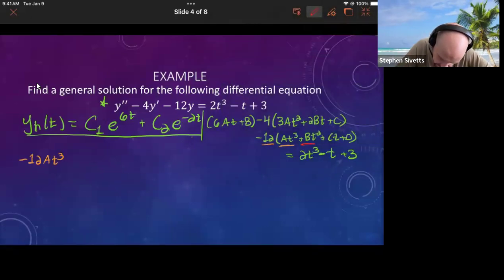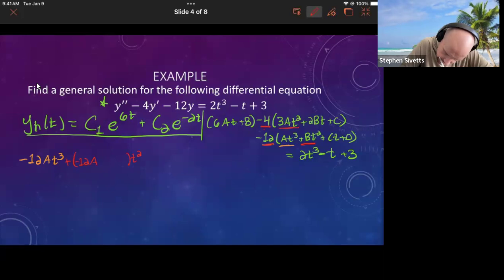So we'll have this term along with the minus 12, and then this term along with this term here. So this is t squared. So we will have a plus minus 12a.